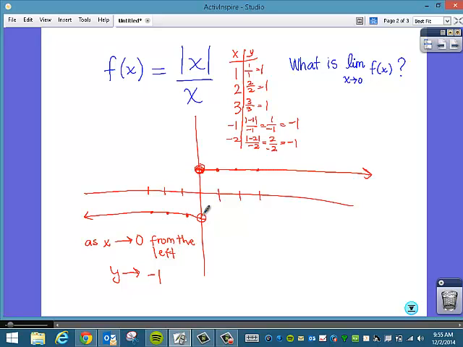Well, over here, as x approaches 0 from the right, as I'm coming at it this way, y is approaching positive 1.